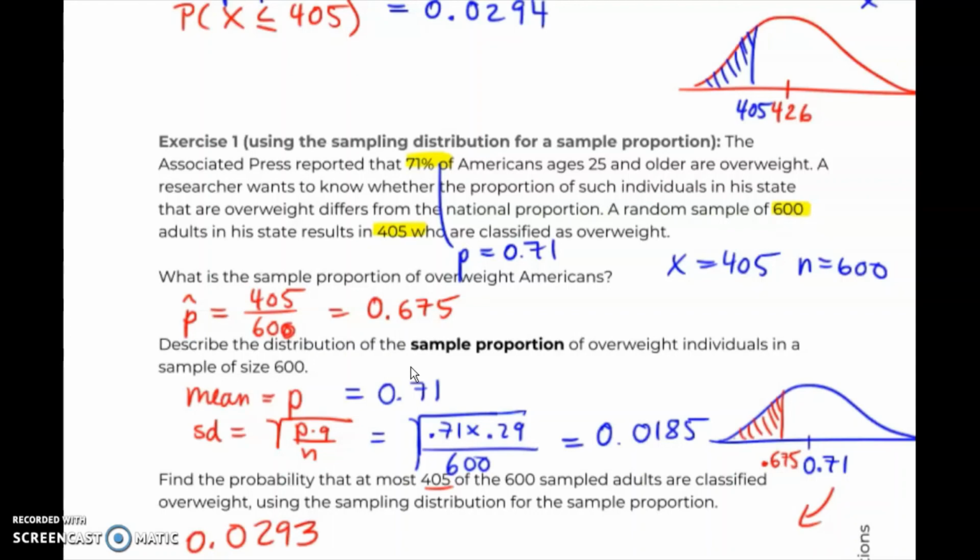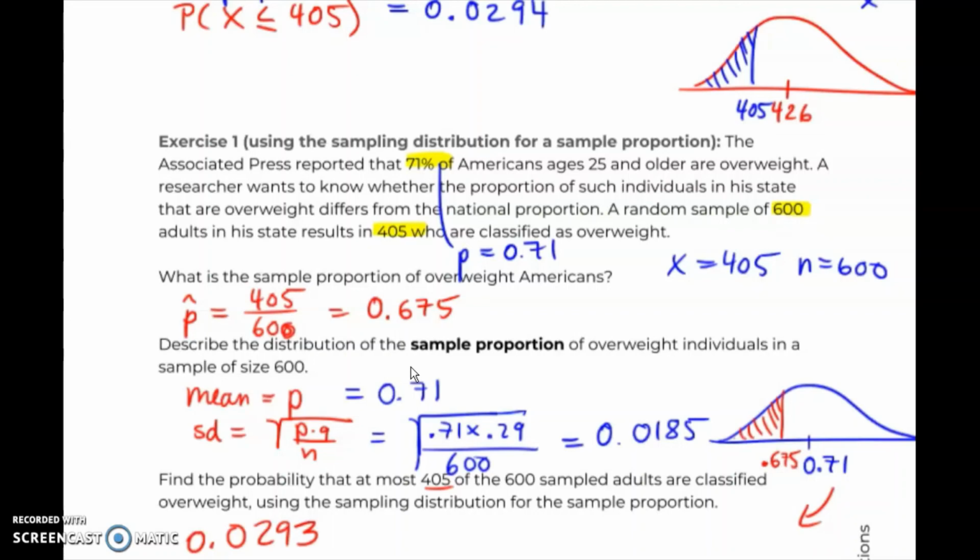The most important takeaway is that when we're looking at our probabilities from two different angles, we can use our binomial distribution to find this probability, or we can use our sampling distribution for the sample proportion to calculate this probability. One thing you want to make sure is that you don't mix up the two.